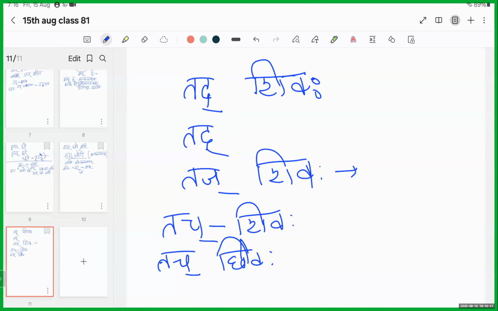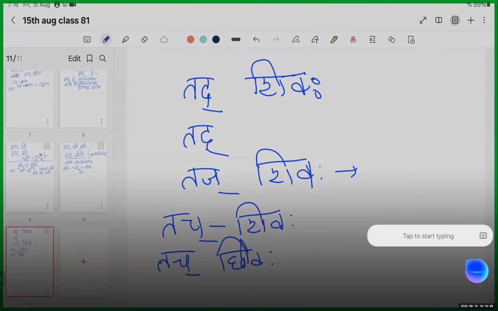Tach Shivaha, or Tach Shivaha. See the difference? Mahaprana is coming with Cha. With Sha, you don't hear it so clearly. Those are the two possibilities. All right.